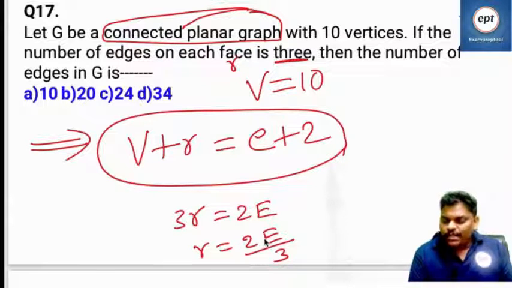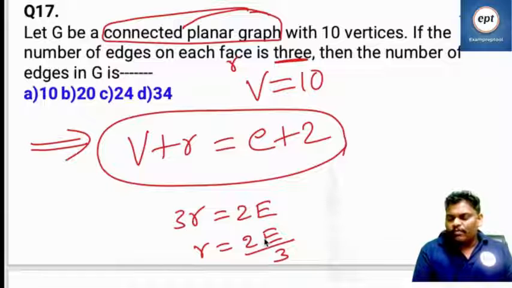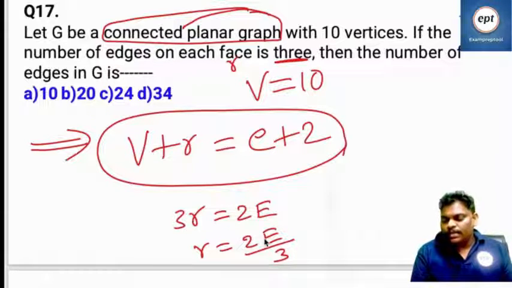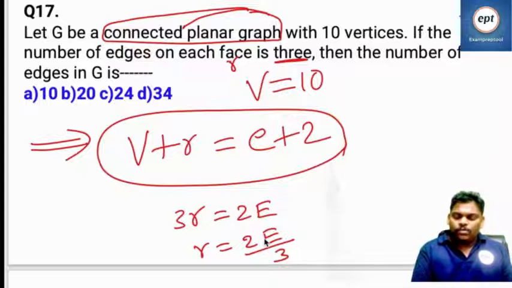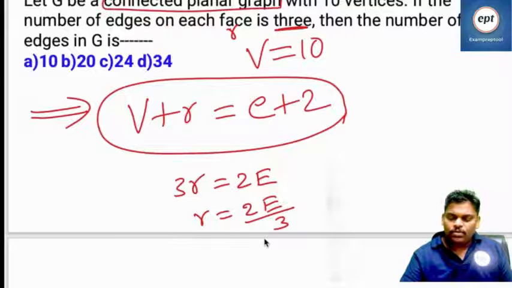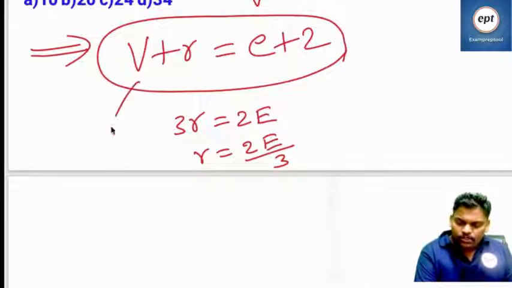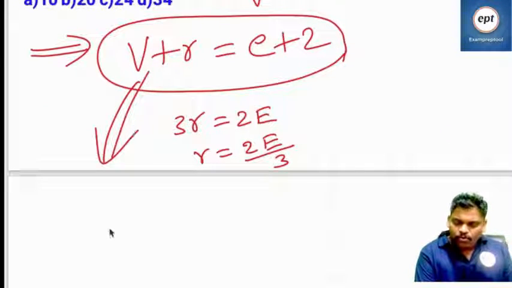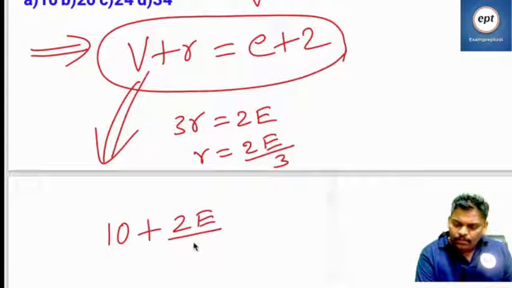If the number of edges on each face is 3, and the number of regions are R, every region degree is going to be 3. So 3R is equal to 2 into E, so R is equal to 2E by 3. So in this formula you substitute V value 10, R is 2E by 3, is equal to E plus 2.